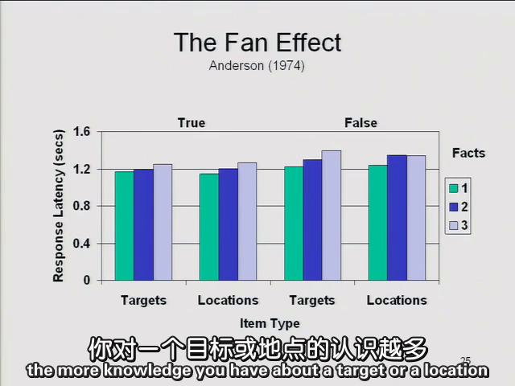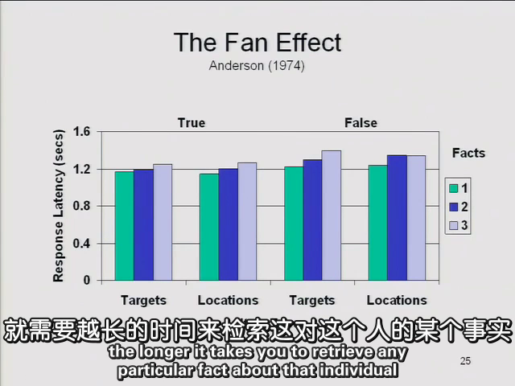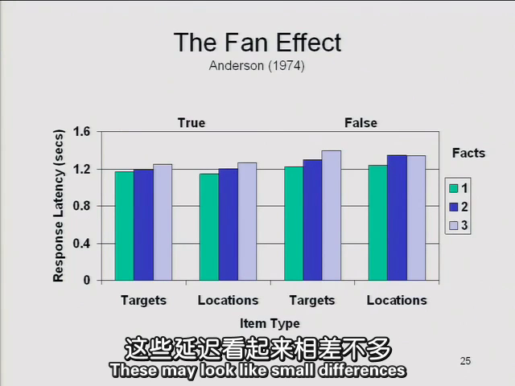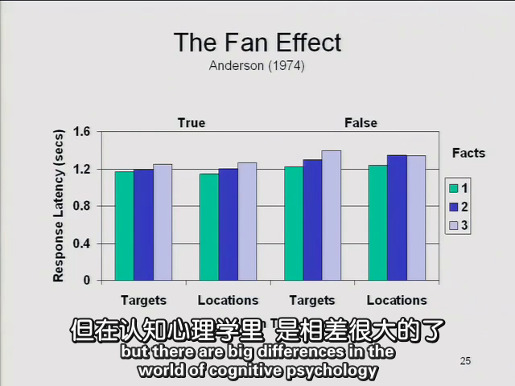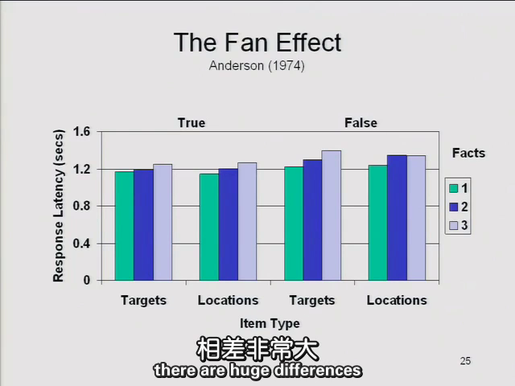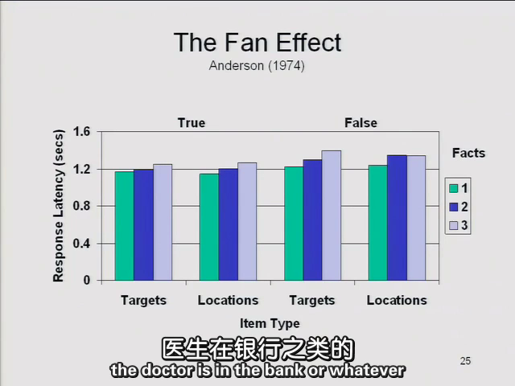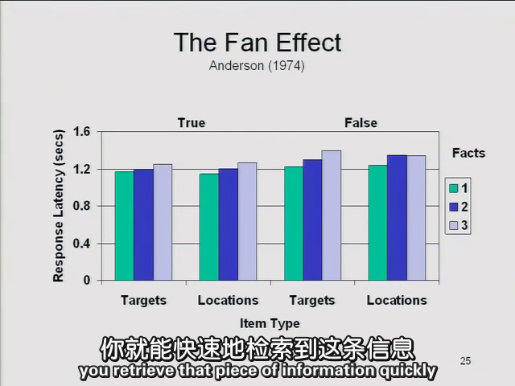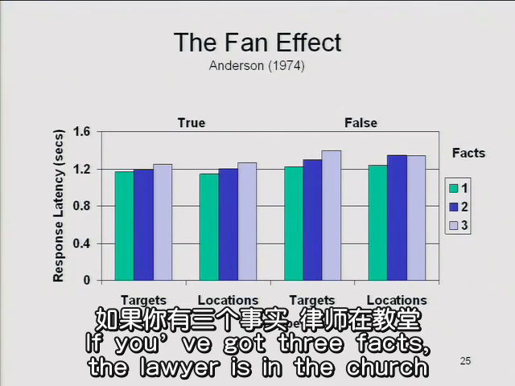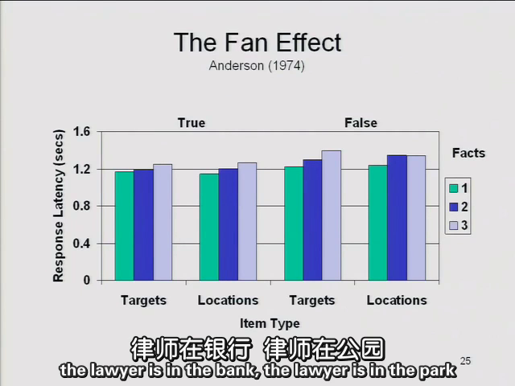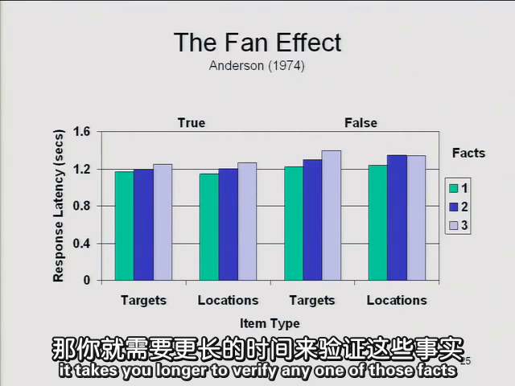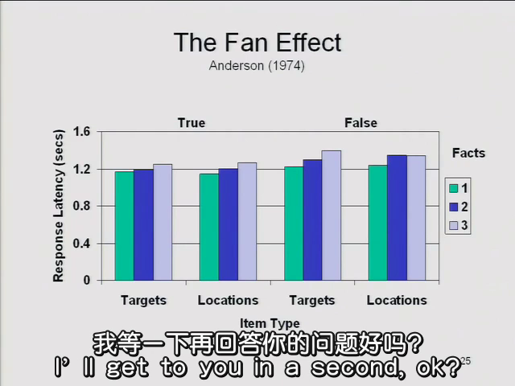The more knowledge you have about a target or a location, the longer it takes you to retrieve any particular fact about that individual. These may look like small differences, but they're big differences in the world of cognitive psychology. They're huge differences. So if you only know 1 fact about the target, the doctor is in the bank or whatever, you retrieve that piece of information quickly. If you've got 3 facts, the lawyer is in the church, the lawyer is in the bank, the lawyer is in the park, it takes you longer to verify any one of those facts.